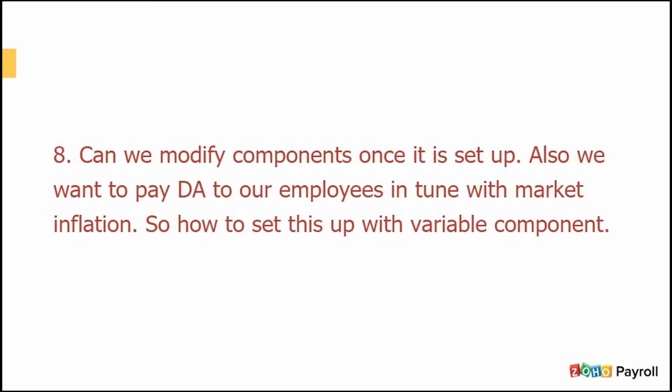The next part of the question is, we want to pay DA to our employees in tune with market inflation. So how to set this up with variable component? DA is nothing but the DNS allowance. We have a ready-made component available inside Zoho Payroll for the DNS allowance. So you can just make changes to the value of the component as and when required.